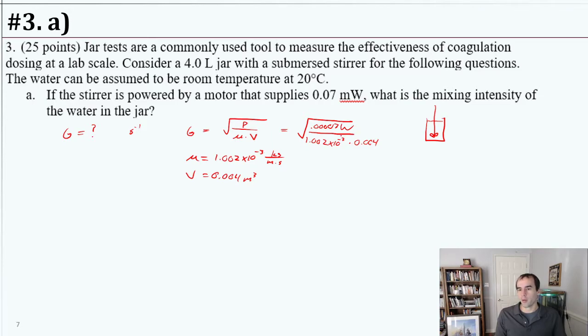So that would be the correct way to calculate it. And so once you convert the units to make sure they're all kosher, then we should get a mixing intensity of 4.14 per second for that problem.